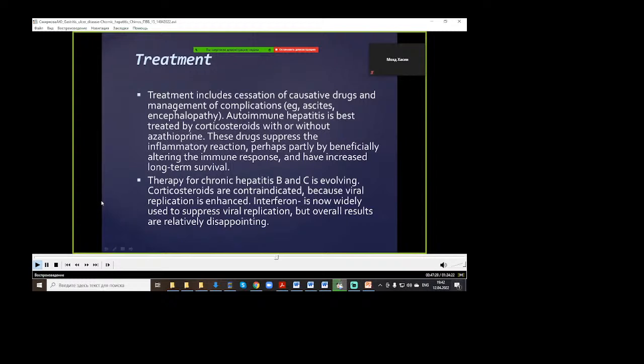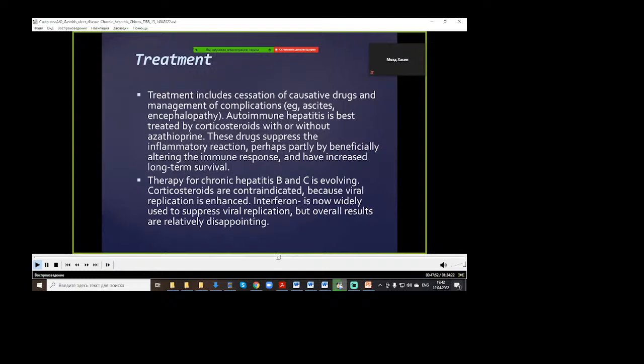Azathioprine is an immunosuppressant. These drugs suppress the inflammatory reaction, perhaps partially by beneficially altering the immune response, and have increased long-term survival. Therapy of chronic hepatitis B and C is evolving.